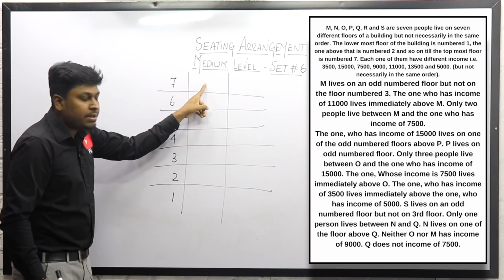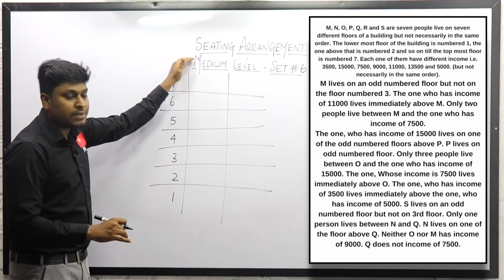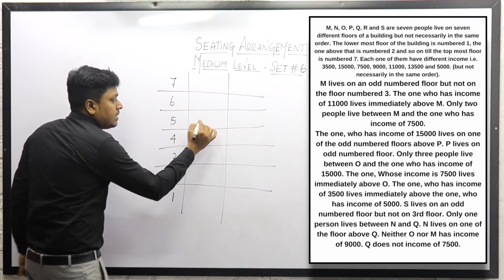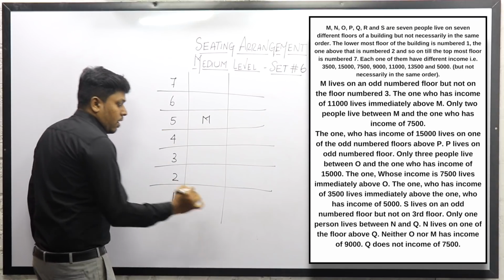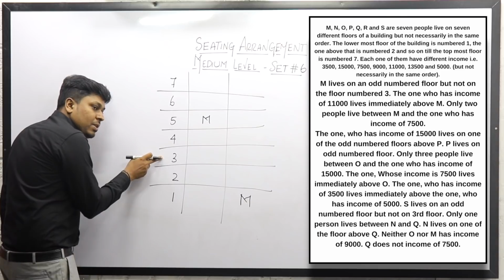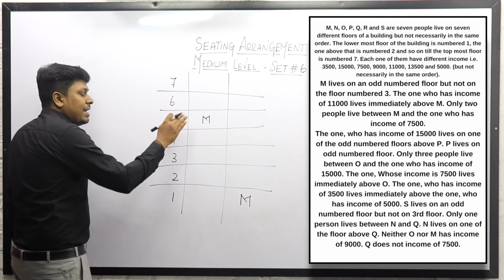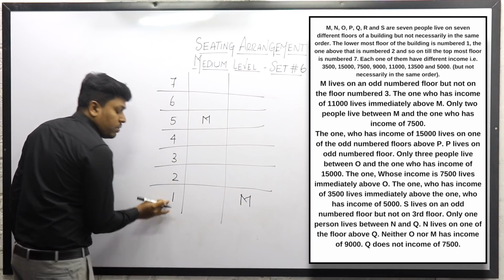If I fix M here, we can't place any other person above M because it's ruled out of the arrangement. So only 2 chances: either I place M on the 5th floor, an odd number floor, or else on the 1st floor, because we already know that M is not on the 3rd floor. Understood? So only 2 chances: either the 5th floor is for M or else the 1st floor is for M.